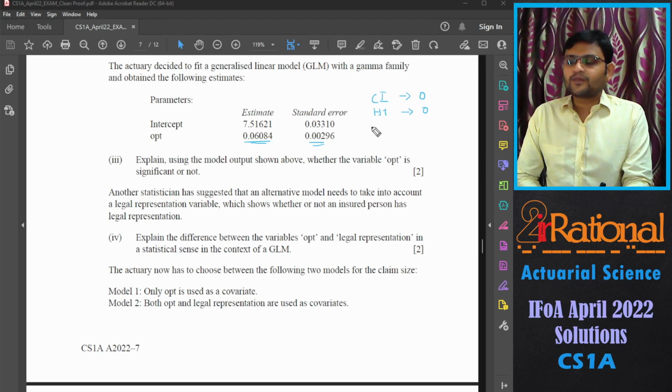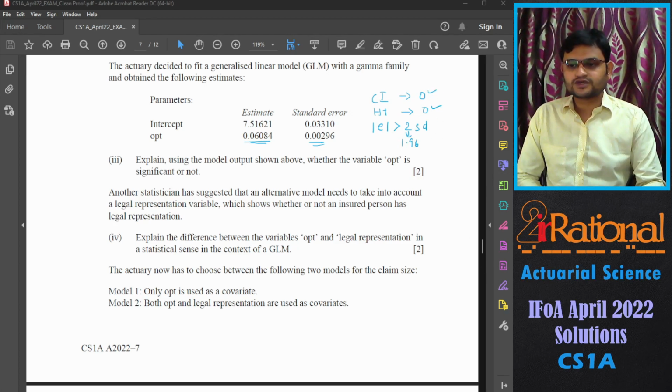Or you can do an approximation where you say that the mod of the estimated value is greater than 2 times the standard deviation or not. Usually we take approximately 2, it should be 1.96, so you can take 1.96 or you can take 2, both work, or you can do confidence interval or hypothesis testing.